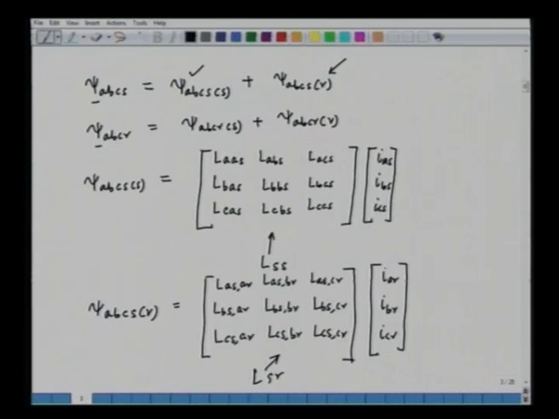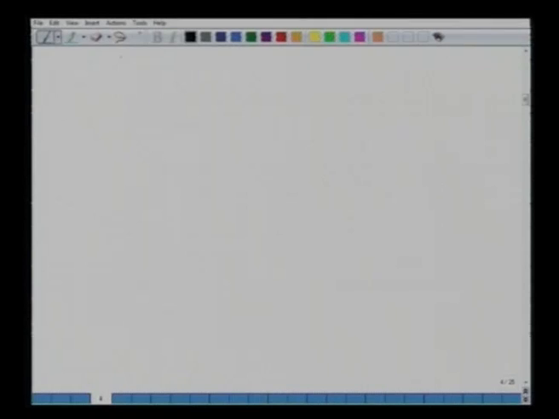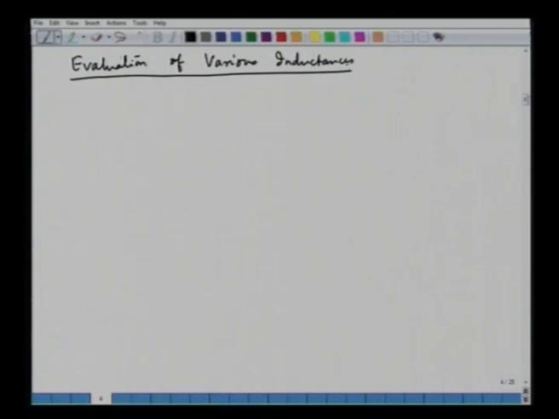So let us try to evaluate the various inductances here. All right. So we can evaluate the inductances. And number one, we will find out the stator self inductance.